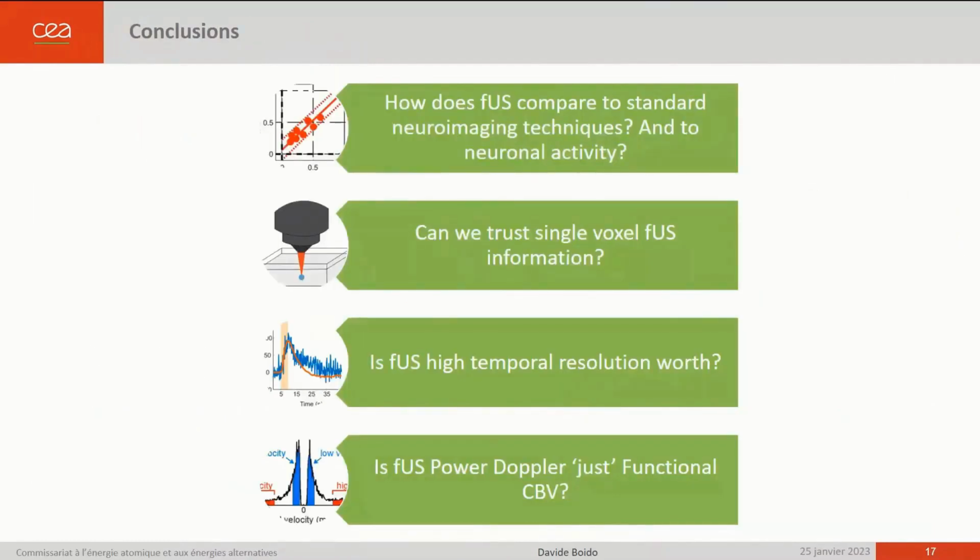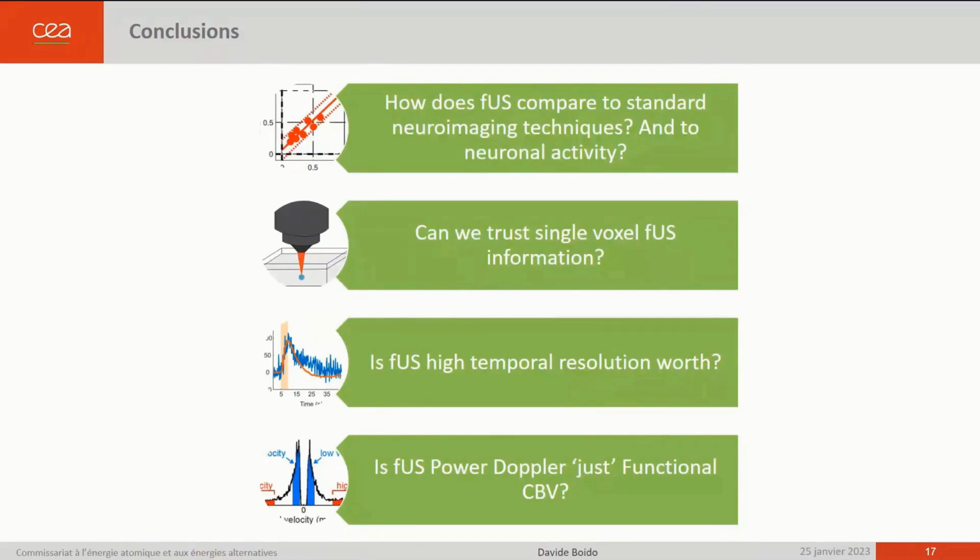To conclude, we saw that the neuron to vascular relationship at micro and mesoscopic level in the mouse olfactory bulb is linear. We can trust single voxel functional ultrasound because it faithfully reports the activation of the most active spot in the sample. However, the localization precision is limited by the vascular activation, which is wider than the neuronal activation.